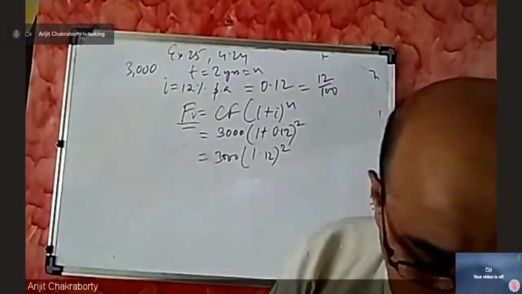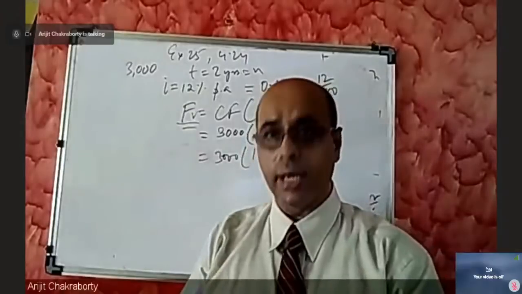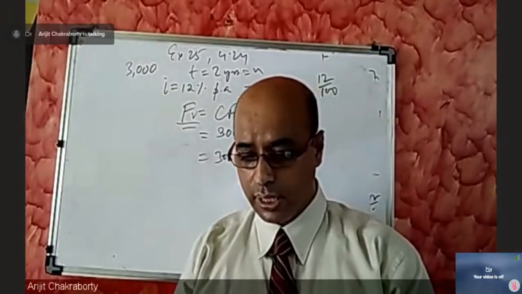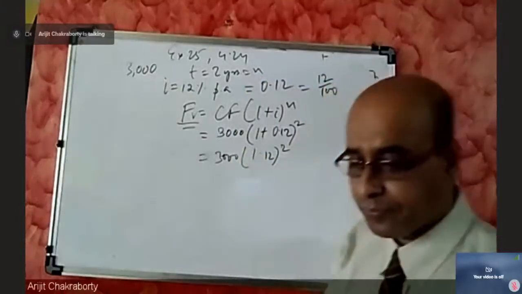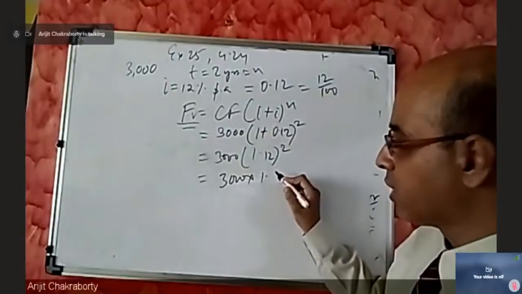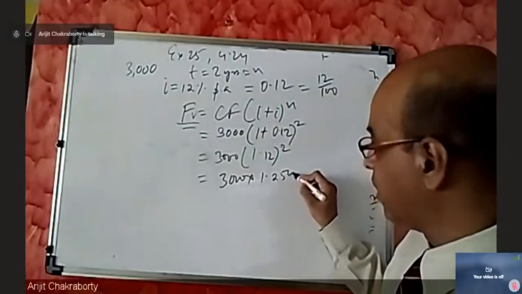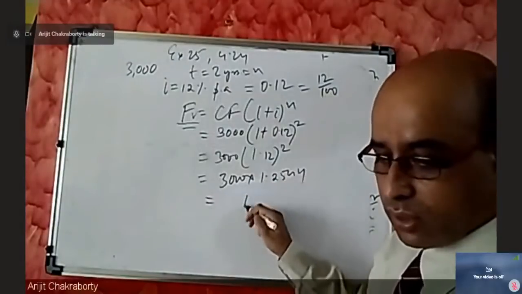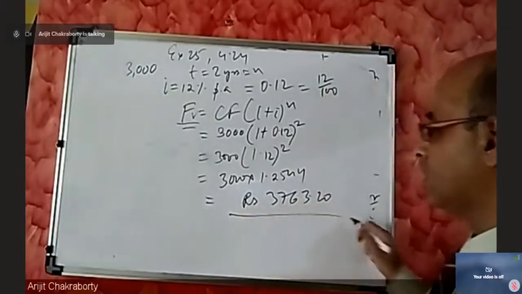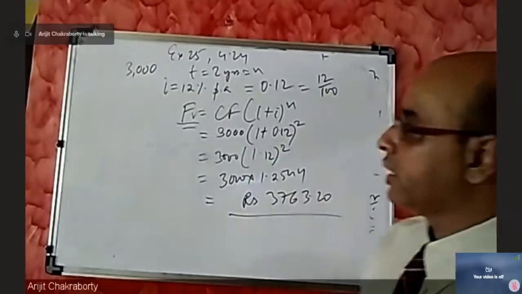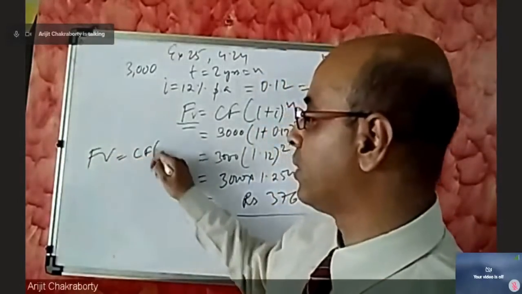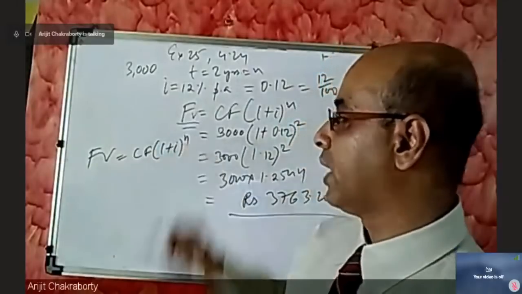Let me quickly calculate with my mobile, just a moment. 1.12 square gives approximately 1.2544, so 3,000 into 1.2544 is equal to rupees 3763.20. So the formula is future value is equal to cash flow into 1 plus I to the power n.